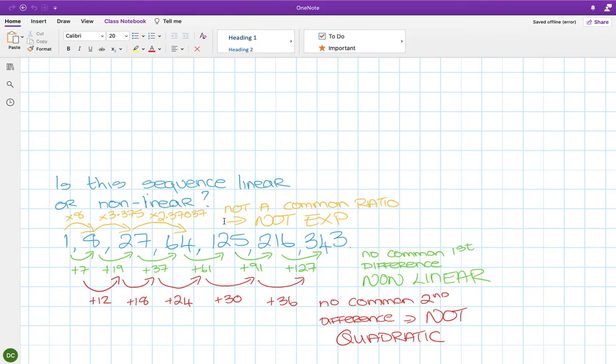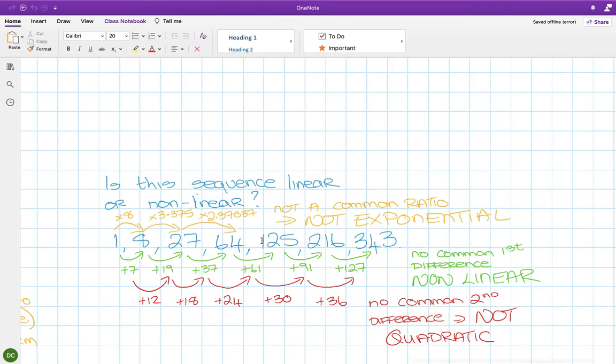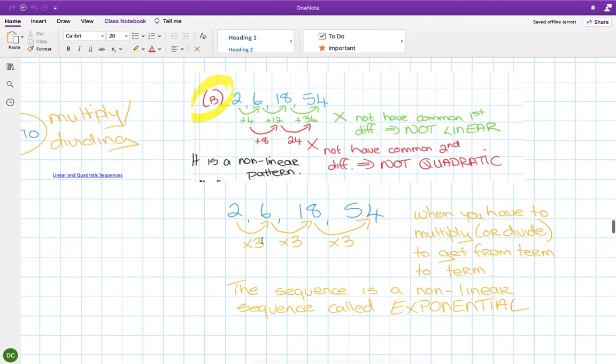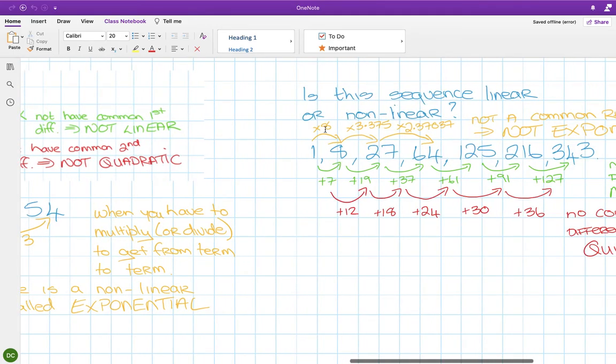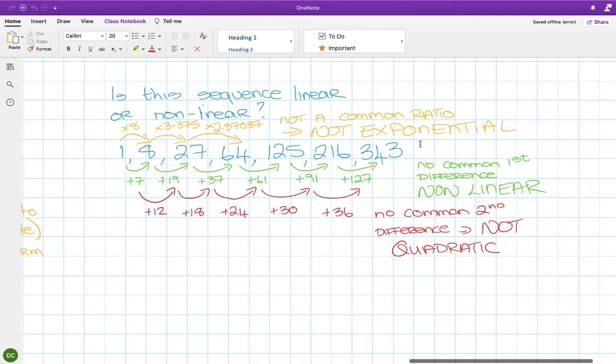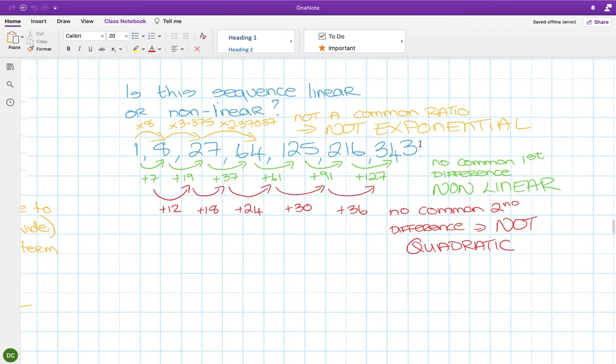Do you remember we looked, was it this one? Yeah, see this one here? To go from term to term, we were multiplying by the same number every time. So that made it exponential. Here, we're multiplying by different numbers every time, so it's not exponential. Okay, so there's one more type.